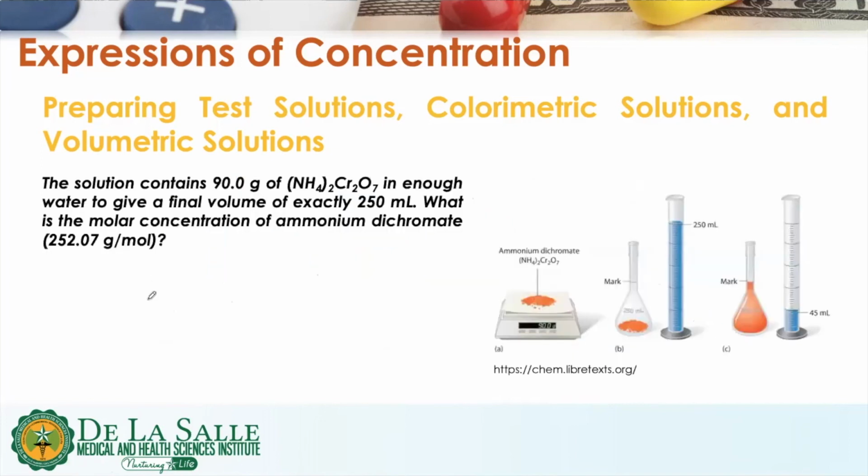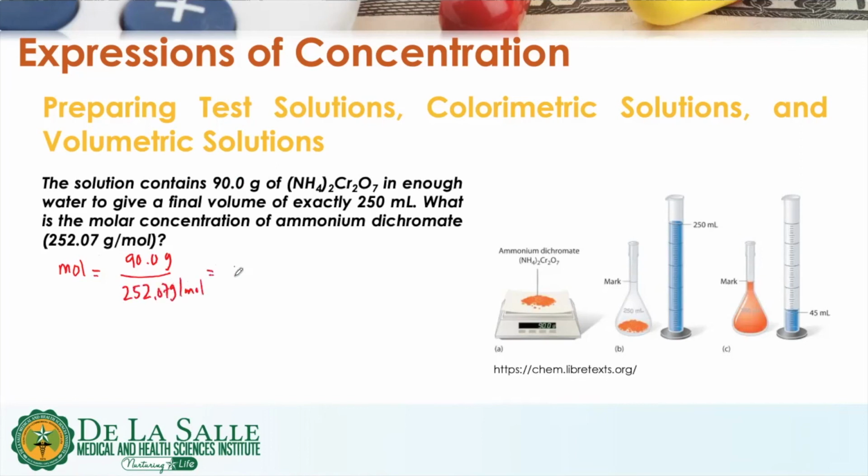How about this one? We have a solution that contains 90 grams of ammonium dichromate in enough water to give a final volume of exactly 250 milliliters. What is the molar concentration of ammonium dichromate given its molecular weight? Now let's do this step by step. Unlike in the previous item, we can compute for the number of moles, which is basically the weight, 90 grams, divided by its molecular weight, which is 252.07 grams per mole.